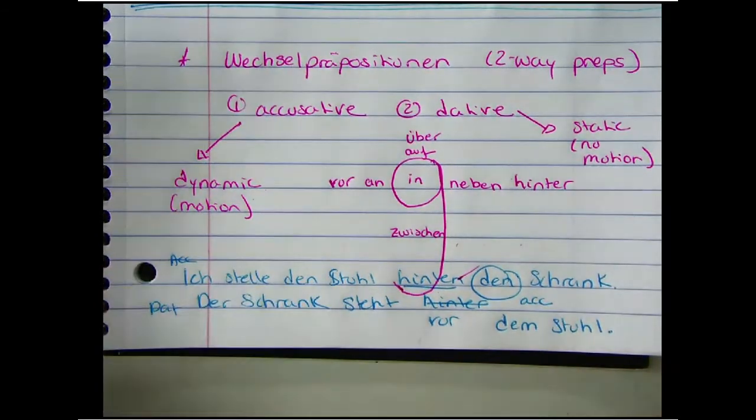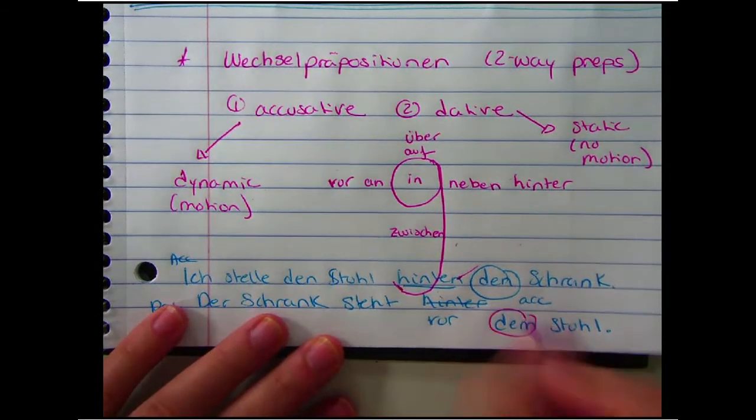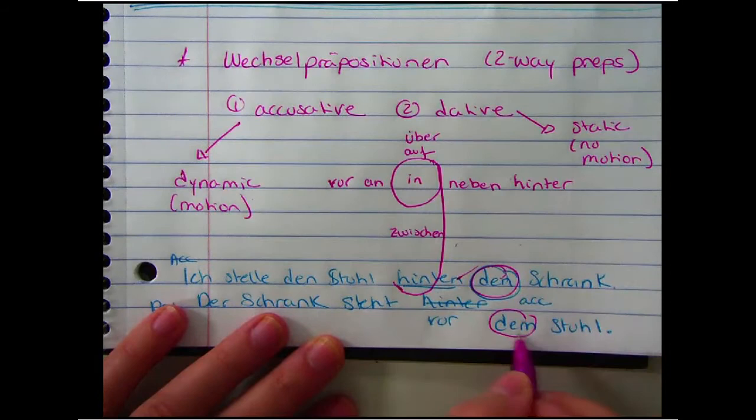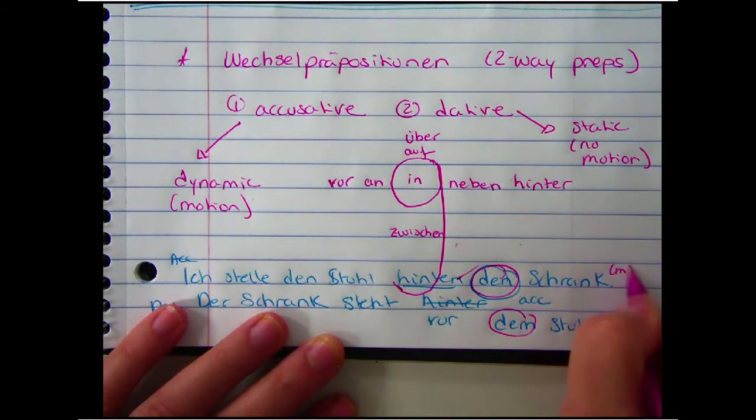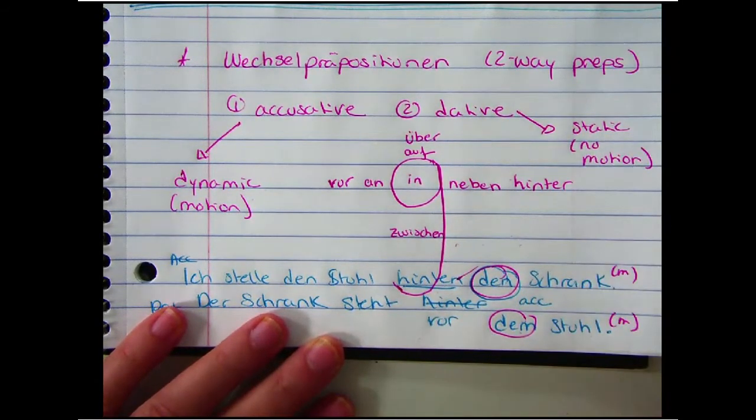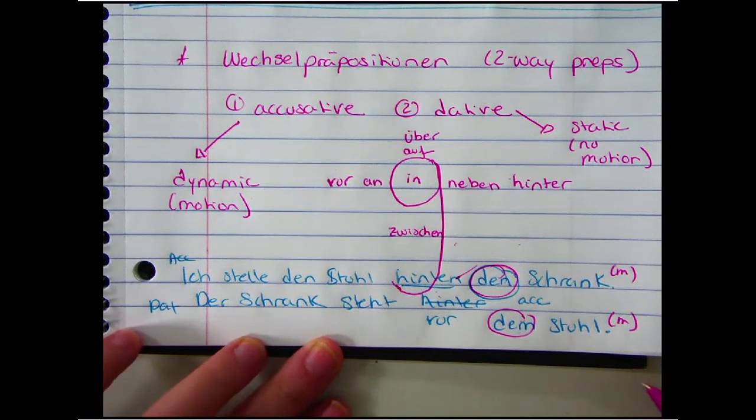Okay, so here's your dative and here's your accusative. The endings, both of these things are masculine. The endings switched based on which case. I hope that makes sense at this point.